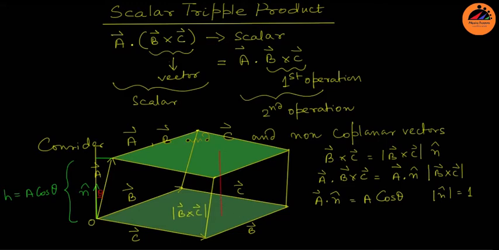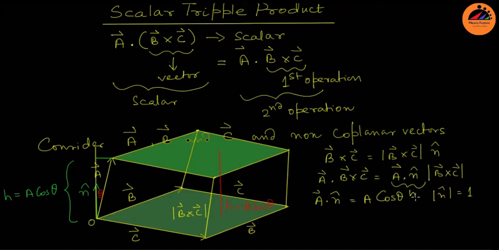This is the h, which is A cos theta. So what you get in return is basically height times area. This is height, this is h.